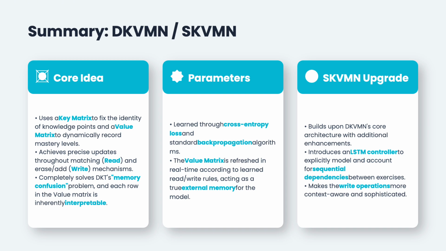During training, the model mainly learns three things: what the table of contents of knowledge looks like, what the initial level of a novice is, and how to intelligently perform read, write, and update operations. Its upgraded version, SKVMN, by adding a sequential controller, enables the model to learn to review history and consider the order of learning, thus becoming more intelligent.